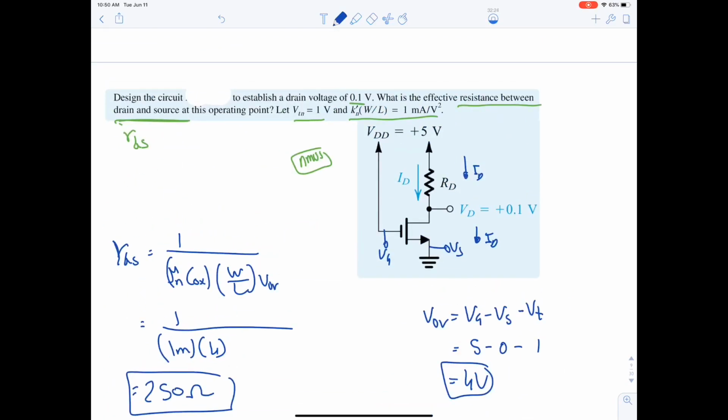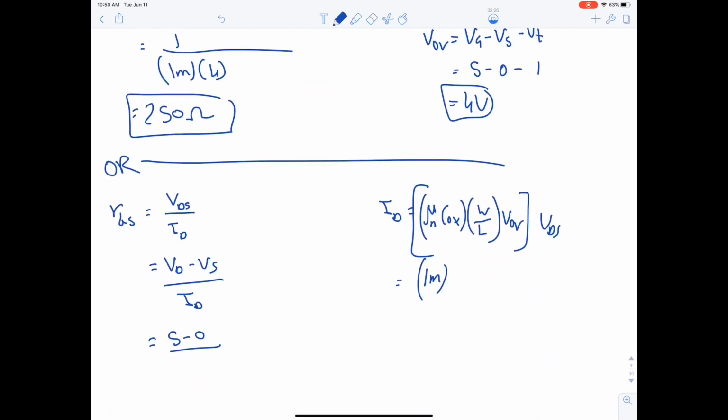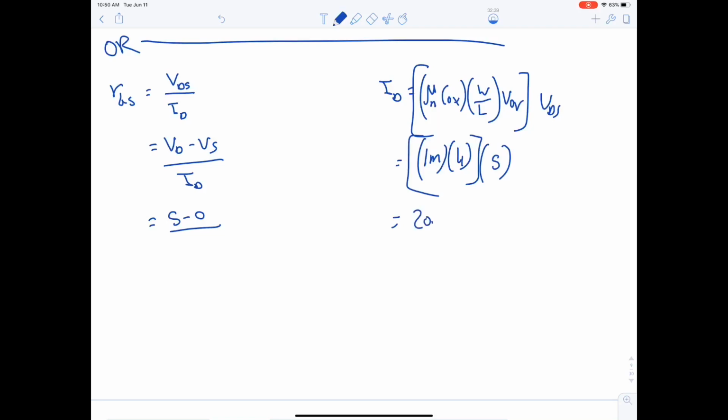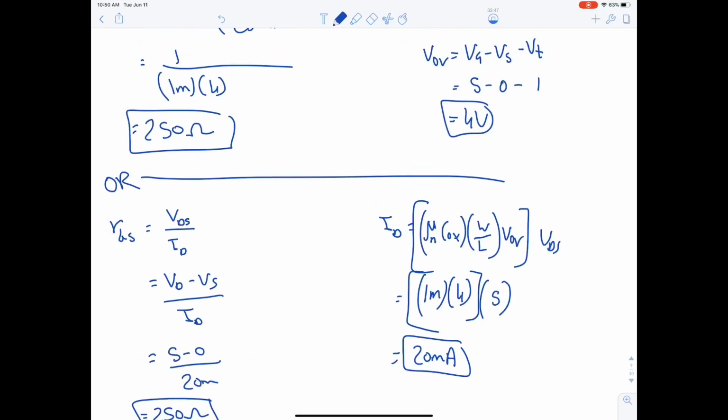Yes, 1 milli. VOV we just computed, which is 4, and VDS is 5 minus 0, which is 5. So this will result in 20 milliampere, and 5 over 20 milli is 250 ohm. Same answer.